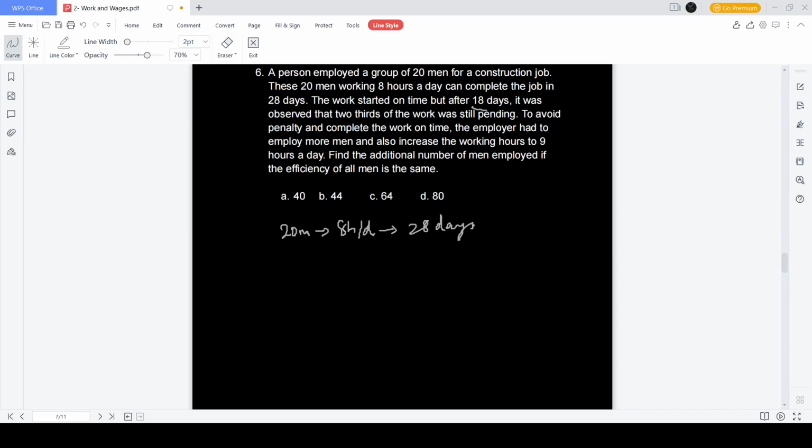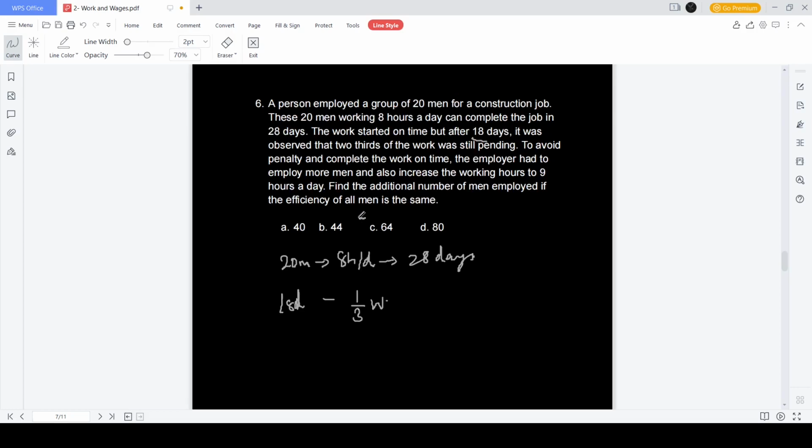So basically, the scenario is 20 men worked 8 hours a day, and for the first 18 days, only one third of the work was completed. One third was completed because two-thirds was pending. To avoid the penalty, he added more men and also increased the number of hours.